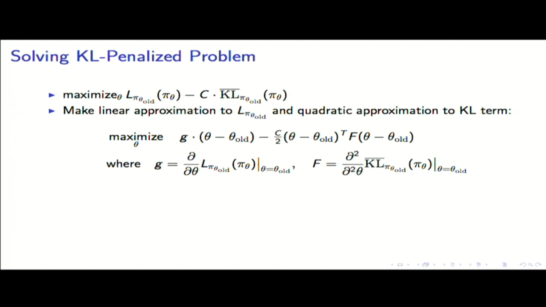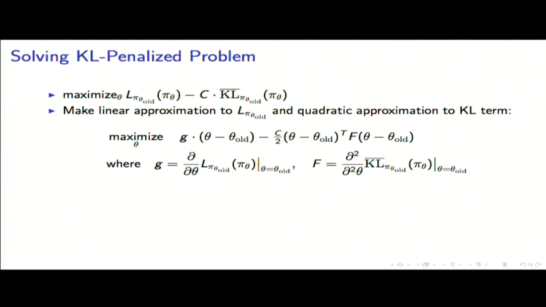The reason we don't get a linear term from the KL divergence is that the KL divergence is minimized at the starting point that we're linearizing around. So the linear term vanishes, because the gradient vanishes at the minimum of a function.